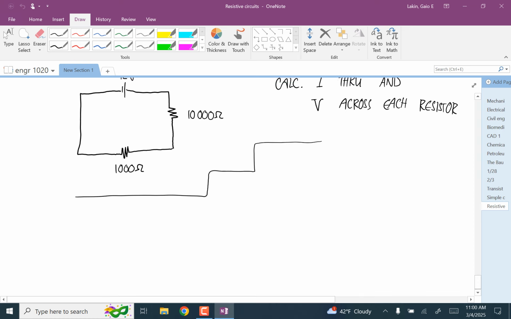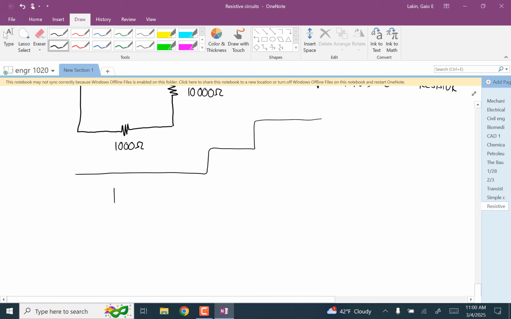And so I'm going to first simplify this circuit into a battery and a combined resistor. And the combined resistor, when they're in series like this, is just the sum of the two. So this is 11,000 ohms.